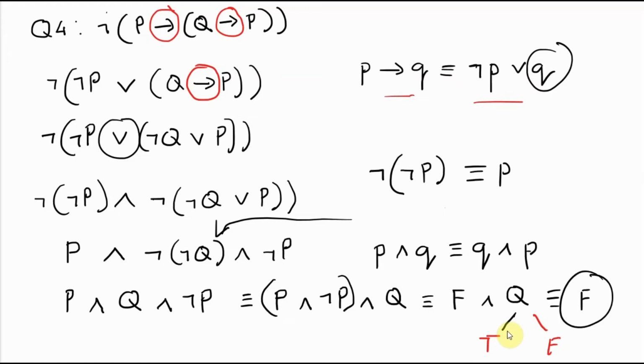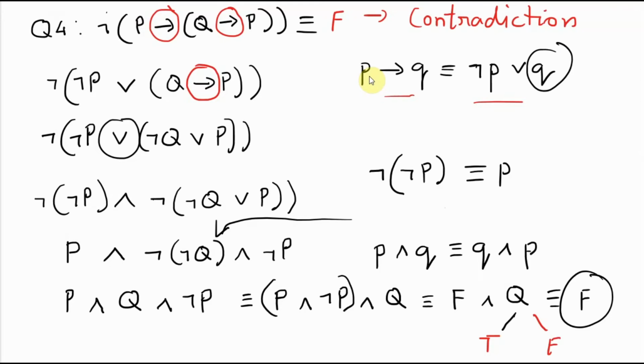So our original compound proposition is false, which means it is a contradiction. A contradiction is a compound proposition that will always produce a false value no matter what input combination you give.